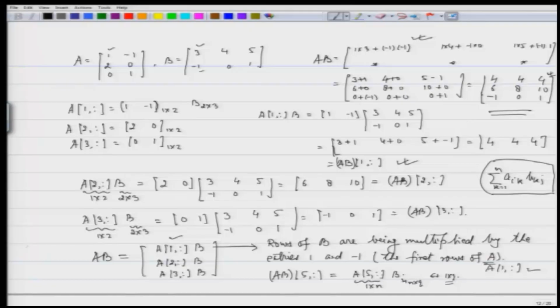Another way to compute is just compute the first row of AB, the second row of AB, the third row of AB and so on. This is called the row method, because we are looking at the first row of AB, the second row, the third row. So, this was our row method of matrix multiplication.